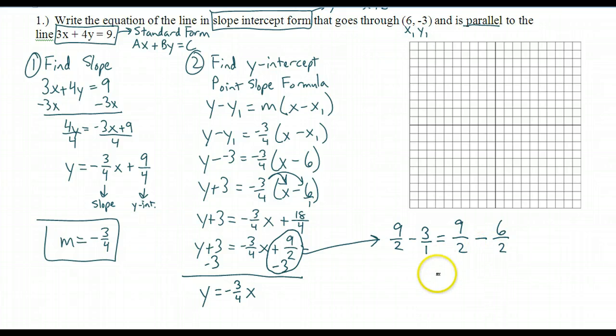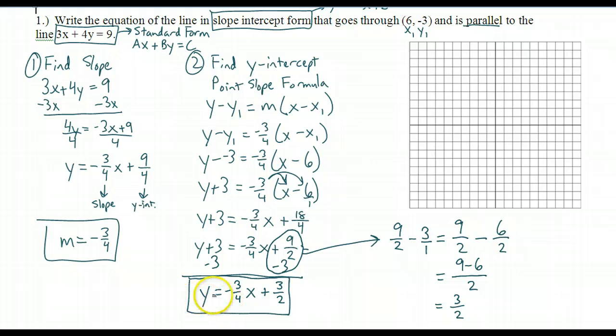Now, once I have a common denominator, to subtract fractions, I subtract my numerators, 9 minus 6, and I keep my denominator the same. So I have 9 minus 6 is 3 over 2. And it's going to be a positive, so my y-intercept is positive 3/2. So my equation is y equals negative 3/4 x plus 3/2.